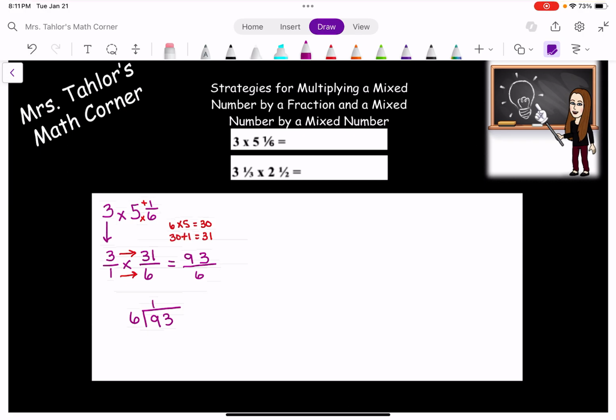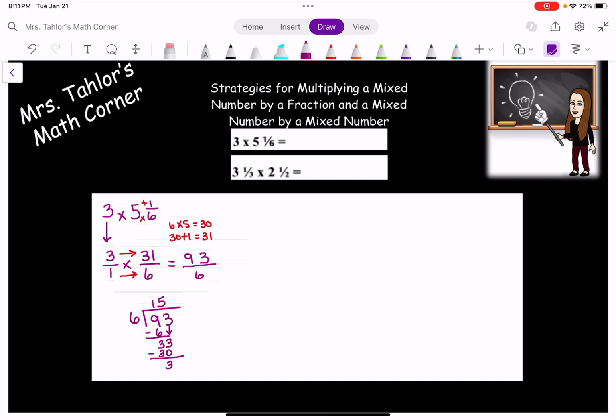I know that 6 times 1 is 6, and my 9 minus 6 equals 3. I'm going to bring down my other 3, and now I know that 6 times 5 is 30. And 33 minus 30 equals 3.